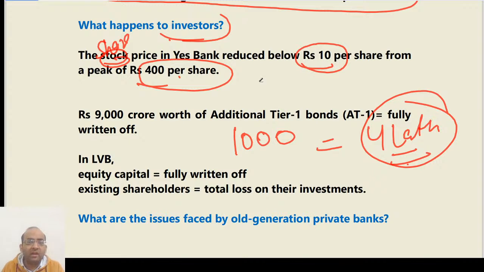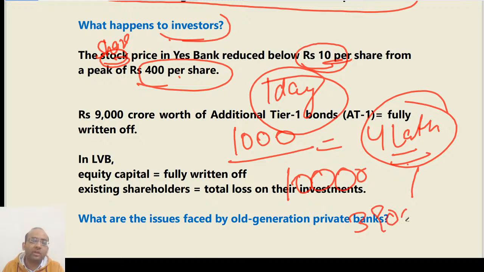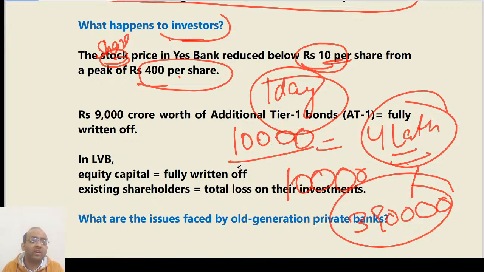But within one night, within one day, it reduced to just rupees 10. So your stock is worth only rupees 10,000. So 3,90,000 rupees loss in just one day. And suppose you have 1 lakh shares, 10 lakh shares, 1 crore shares, then you can imagine the kind of loss you would face by this free fall in the prices of shares.